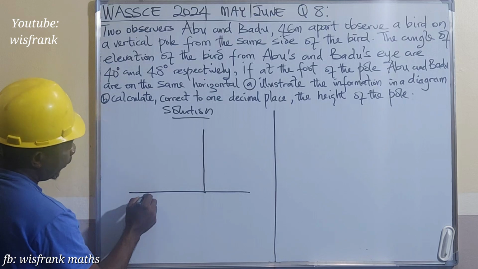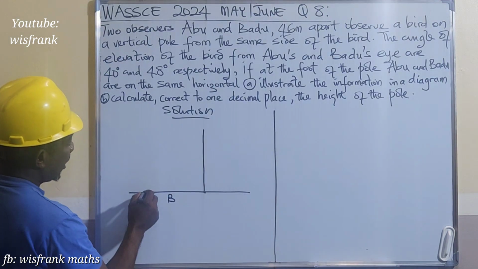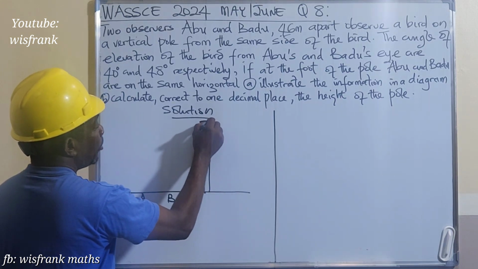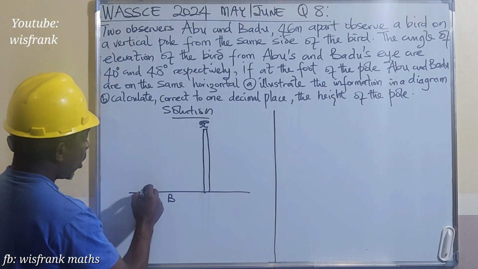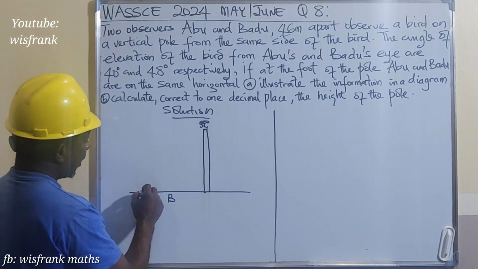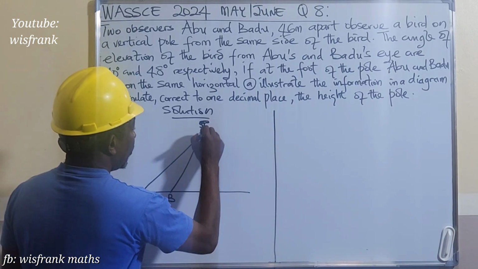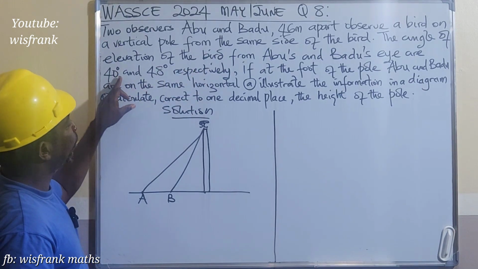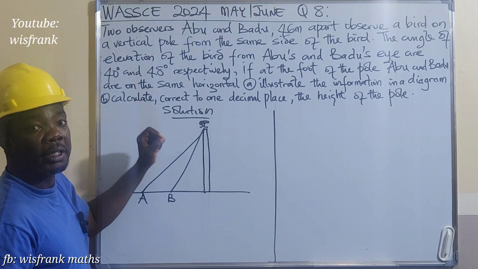Here we have the first point A, and the second point B. The bird will be somewhere here, perched on top of the pole. The first person will be here looking at this place, and the second person will be here looking at the same place. It says the angles of elevation are 40 and 48 degrees respectively.